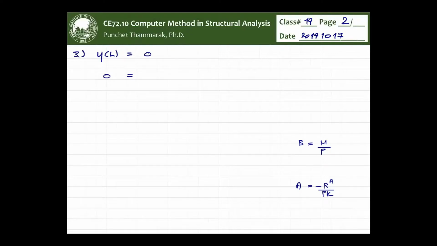So 0 is equal to A, which is minus RA over PK times sine KL, plus B, which is M over P times the cosine KL, and then plus RAL over P, and then minus M over P equal to 0.